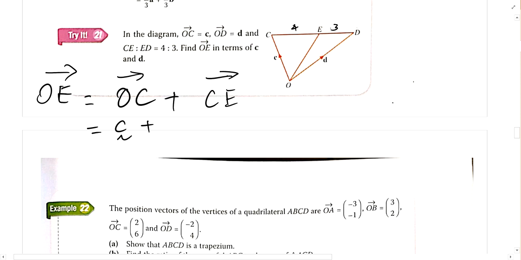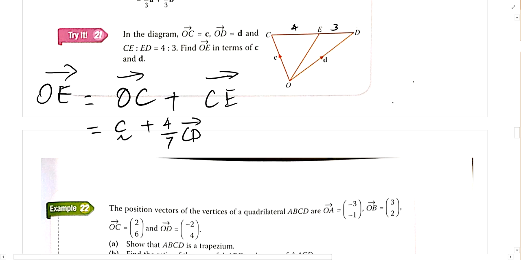So I am going to rewrite CE to be a fraction of another vector, right? What is that fraction then? 4 over? Are you sure 3? 7, yes. It is 4 over 7 of another vector. What is that vector? CD, yes.